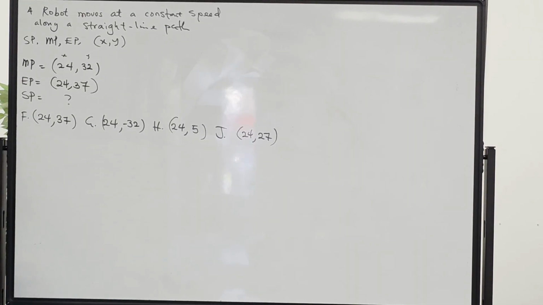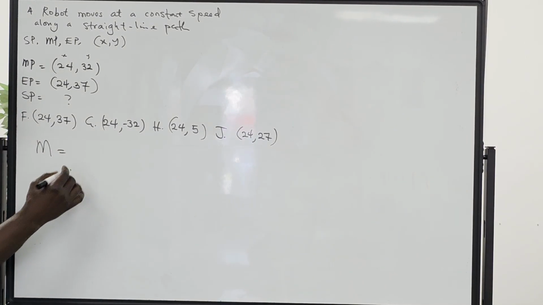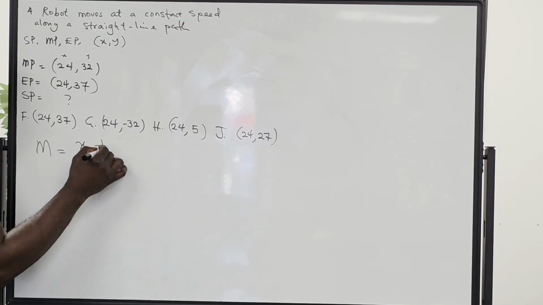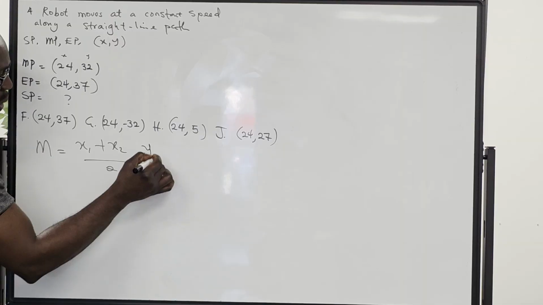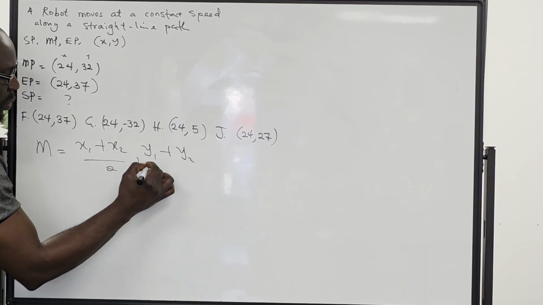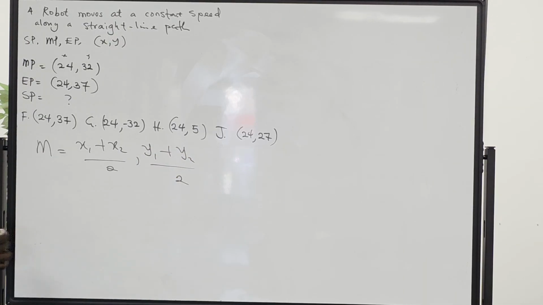If you use the midpoint formula, you have midpoint is equal to x1 plus x2 over 2, comma, y1 plus y2 over 2. For the midpoint, we're given this midpoint right here.